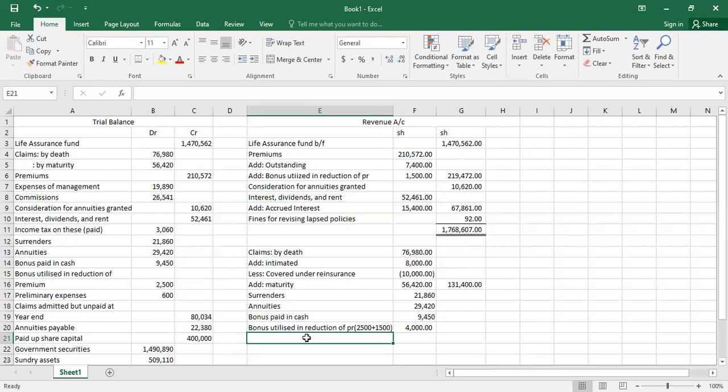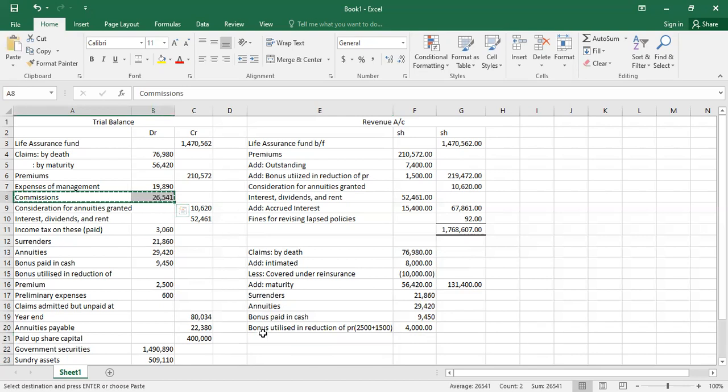Preliminary expenses, these are current assets. Claims admitted but unpaid go at the end. We have commissions before you forget.